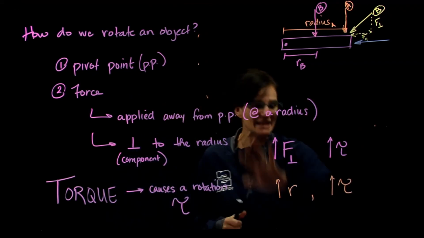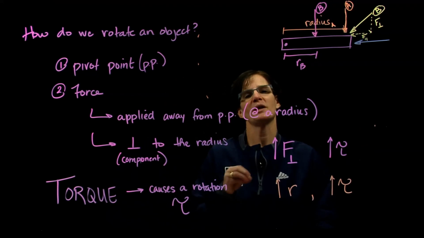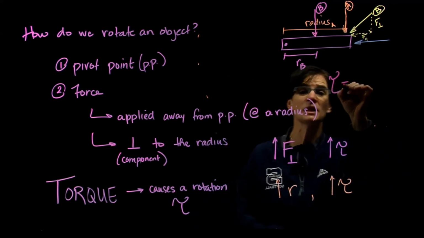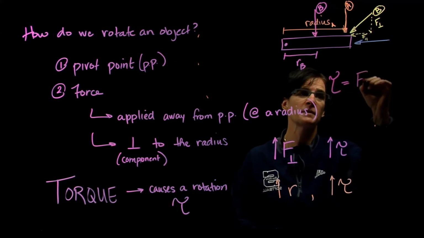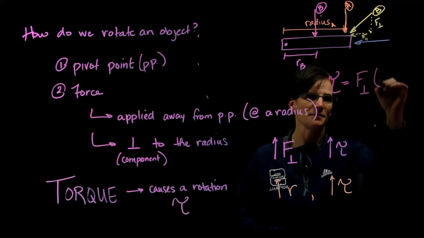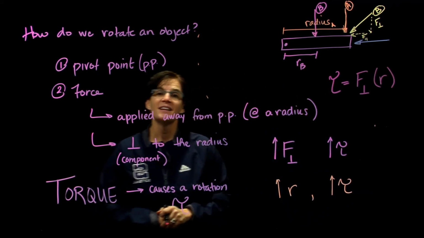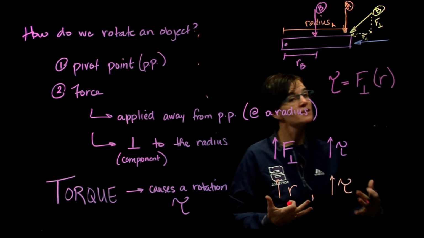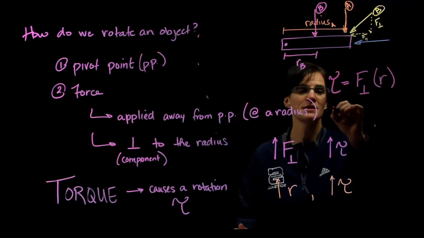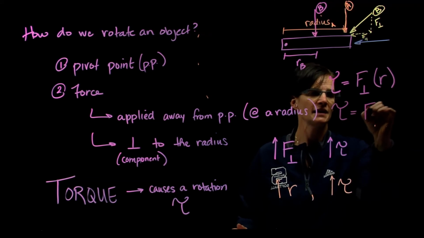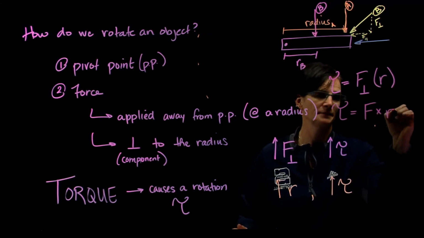Well, this relationship leads to exactly what torque is. Torque is equal to the force perpendicular times the radius. That's what torque is all about. Now, the official mathematical relationship for torque is a cross product.